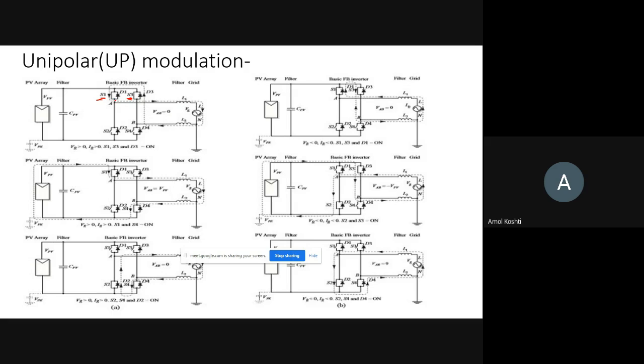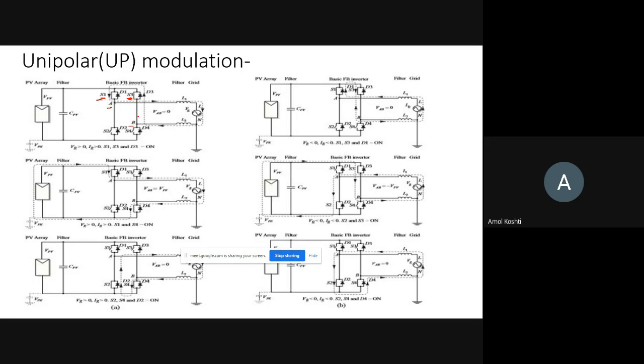Once we give the pulse to S1 and S3, from leg A and leg B, this type of operation will be there. From the L2 filter, current comes to S3, from S3 to S1, and from S1 to A, then to L1 and the grid. In this way it will be discharged.